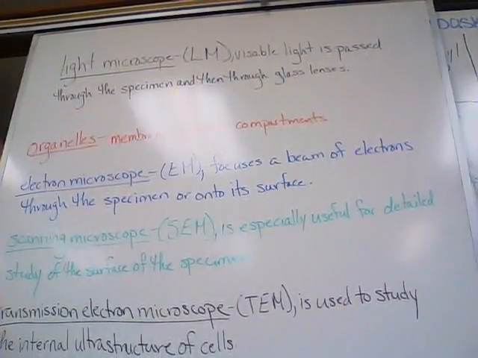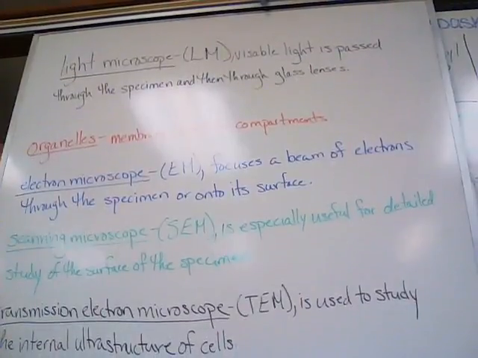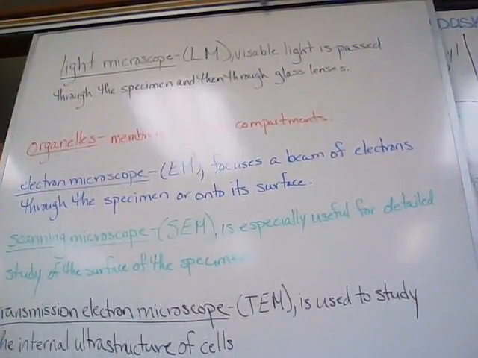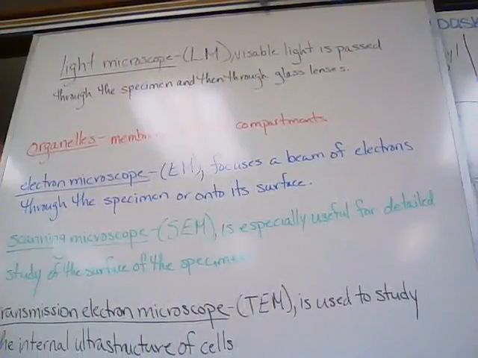Resolution is inversely related to the wavelength of the radiation a microscope uses for imaging, and electron beams have much shorter wavelengths than visible light. Modern electron microscopes are powerful. The term cell ultrastructure refers to the cellular anatomy revealed by an electron microscope.